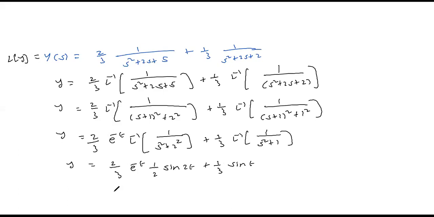Therefore what is your final answer? y equal to 1 by 3 e power minus t, and here also I think I have to multiply with e power minus t, right? See, I have to apply the first shifting theorem, no? Yes, sir. Okay, so this is 1 by 3 e power minus t sin 2t plus 1 by 3 e power minus t sin t.